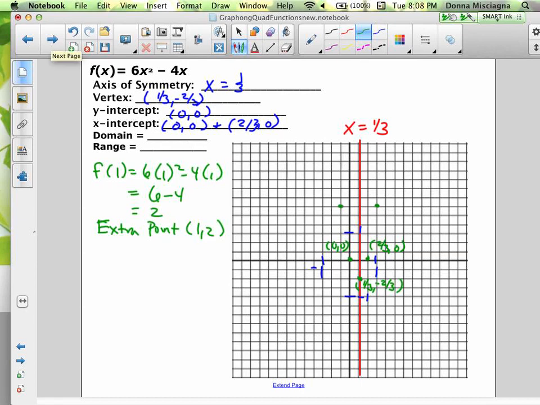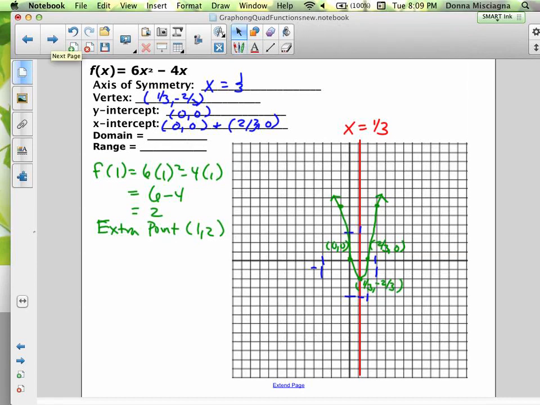Because it's symmetric. Now, isn't that much easier to graph than those tiny 3 little points? So I do this anytime my values are all clustered together, or I don't have all of my points because maybe my x and y are the same, or my x and vertex are the same. Then I get a few extra points that way.